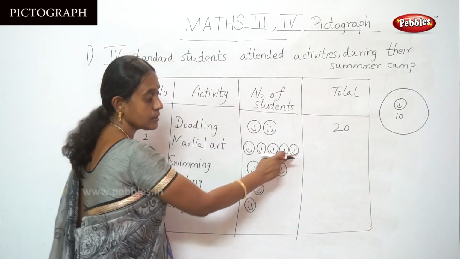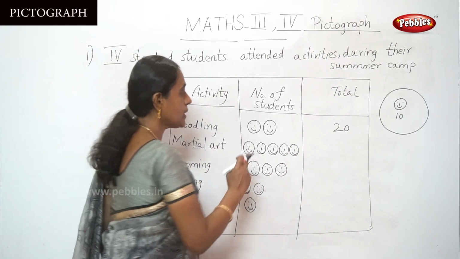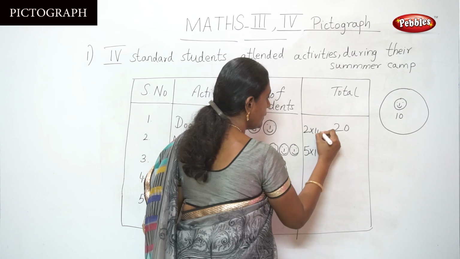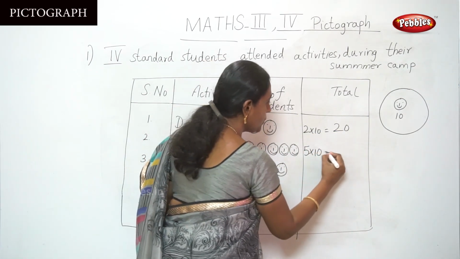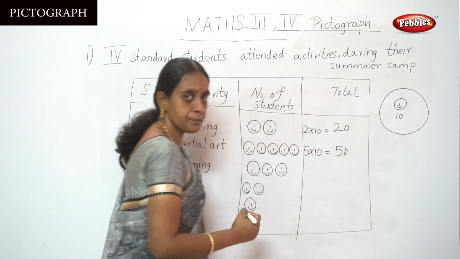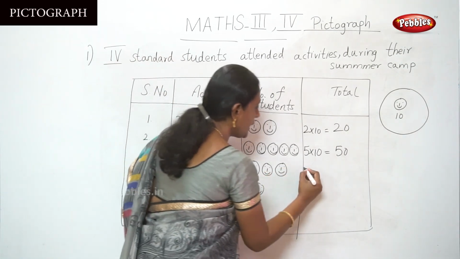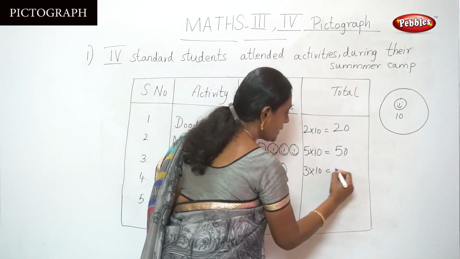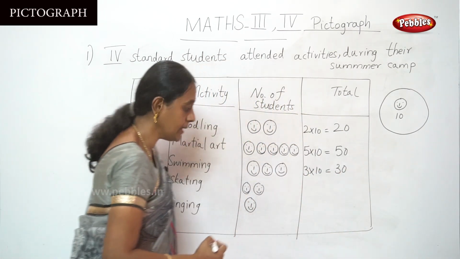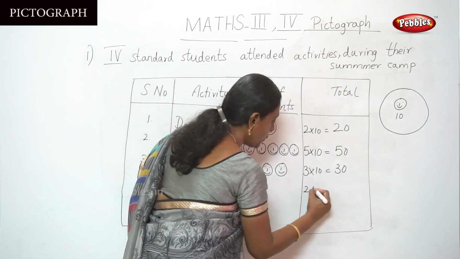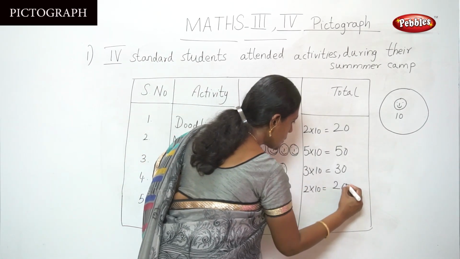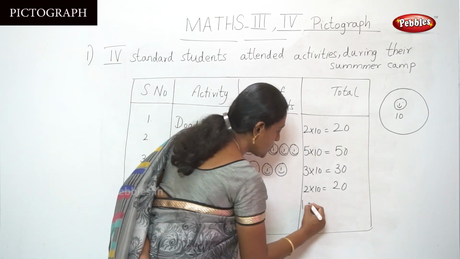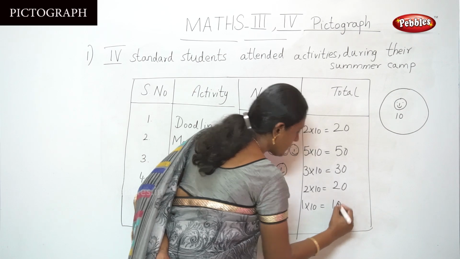Here each values 10, so that is 5 into 10, that is 50. Here 3 into 10, that is 30. Here again 2 into 10, that is 20. And here singing, 1 into 10, that is 10.